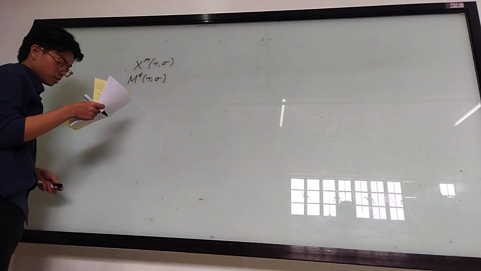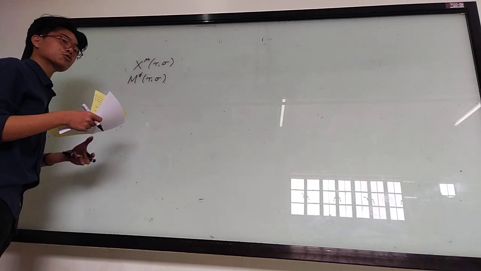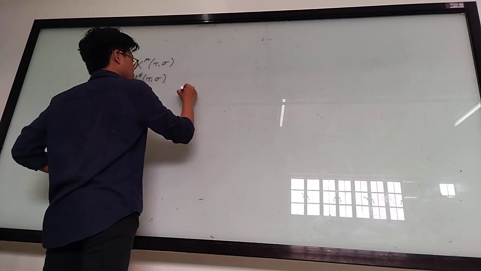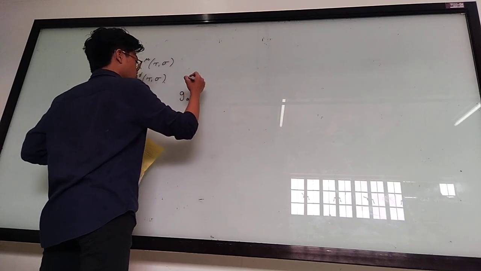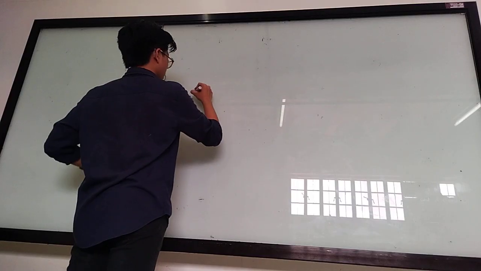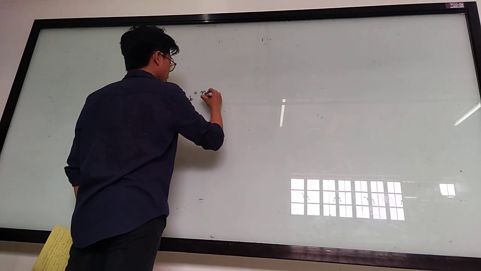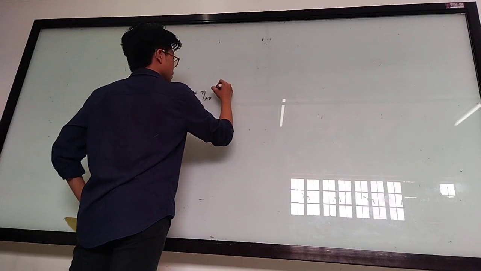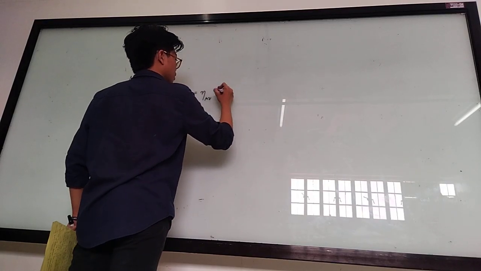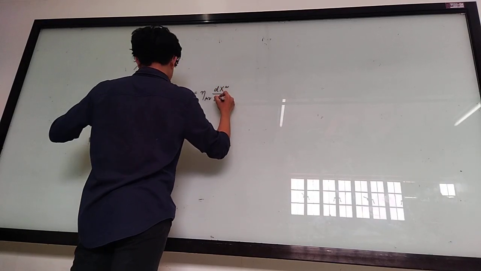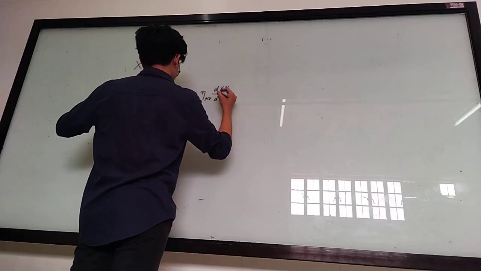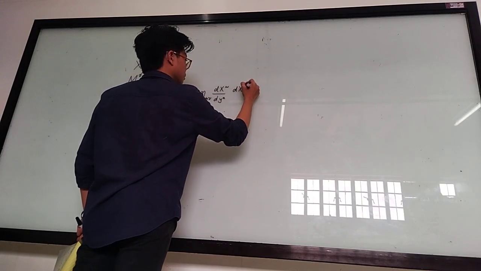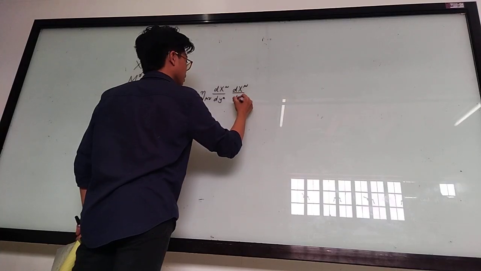What else? When I was writing the induced metric on the world sheet, this g_ab is eta_mu nu, partial X^mu by partial sigma^a and partial X^nu by partial sigma^b.